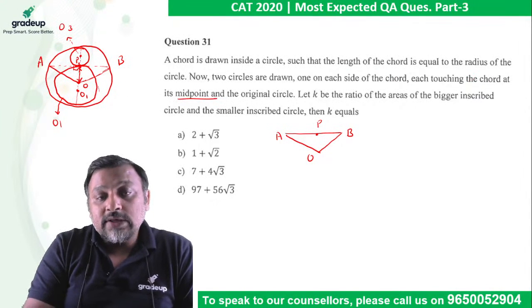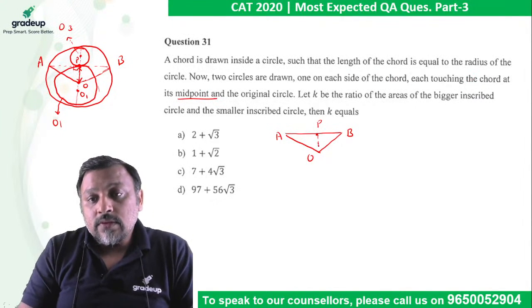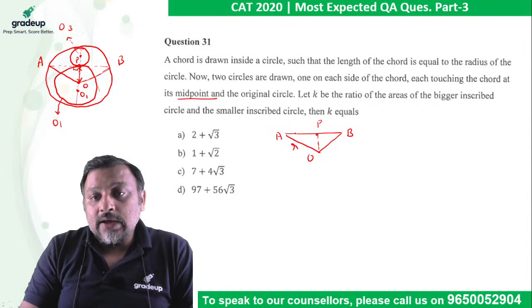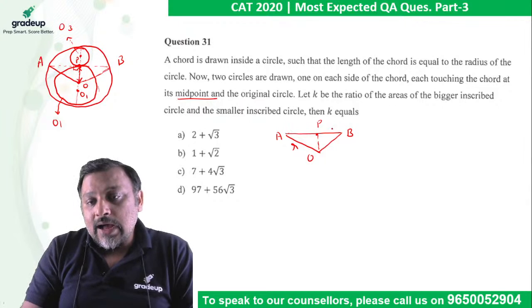So this point is the midpoint, and the length of the chord is equal to the radius. So if this is R and AB is R, then AP needs to be R by 2.